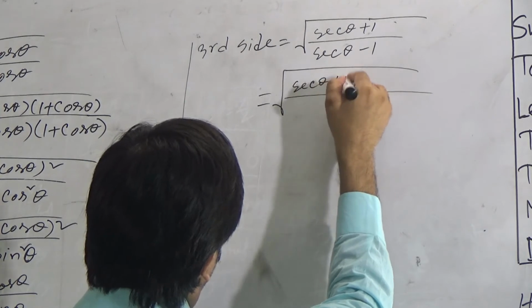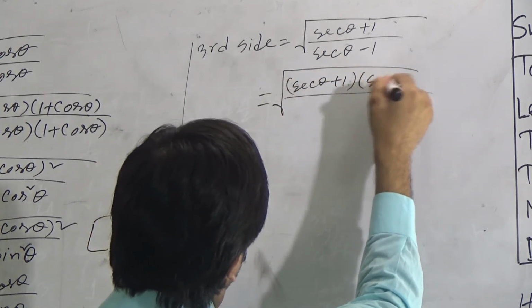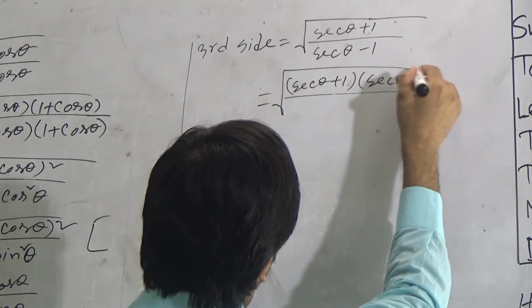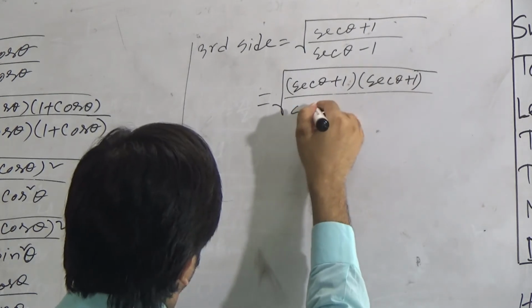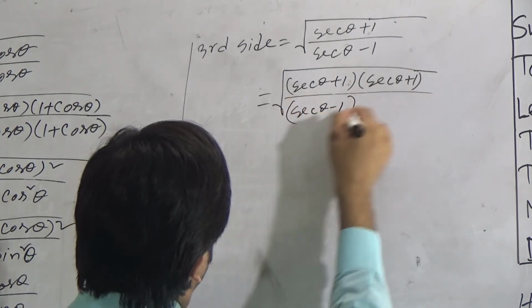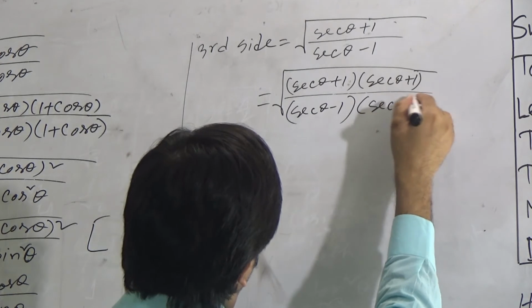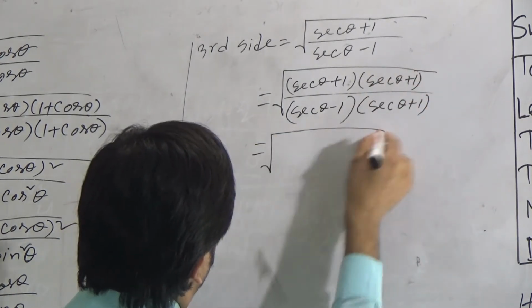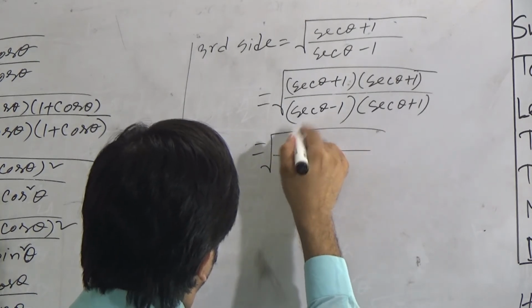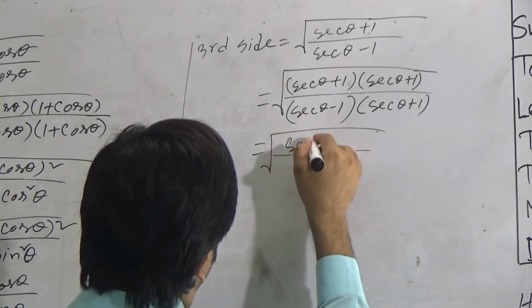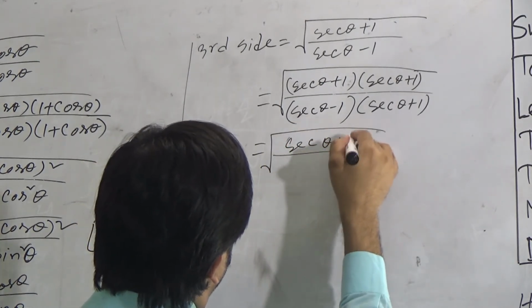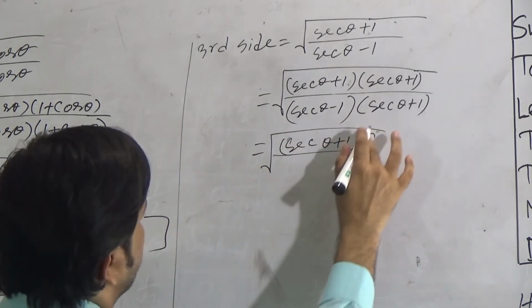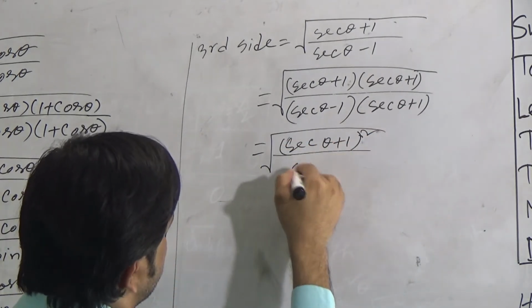Sec theta plus 1 into sec theta plus 1 again. Now we can write here sec theta minus 1 into sec theta plus 1. So these two vanish each other. The value remains same. We can write here sec theta plus 1 whole square in the numerator, and in the denominator sec square theta.